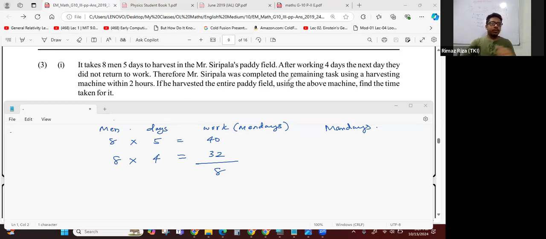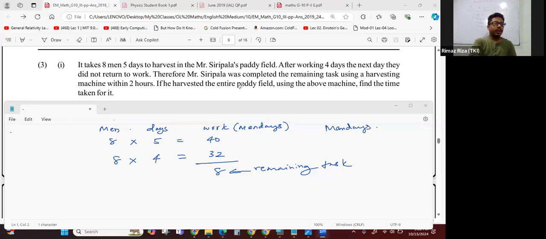Therefore, Mr. Siripala completed the remaining task. So this is the remaining task, using a harvesting machine within 2 hours.